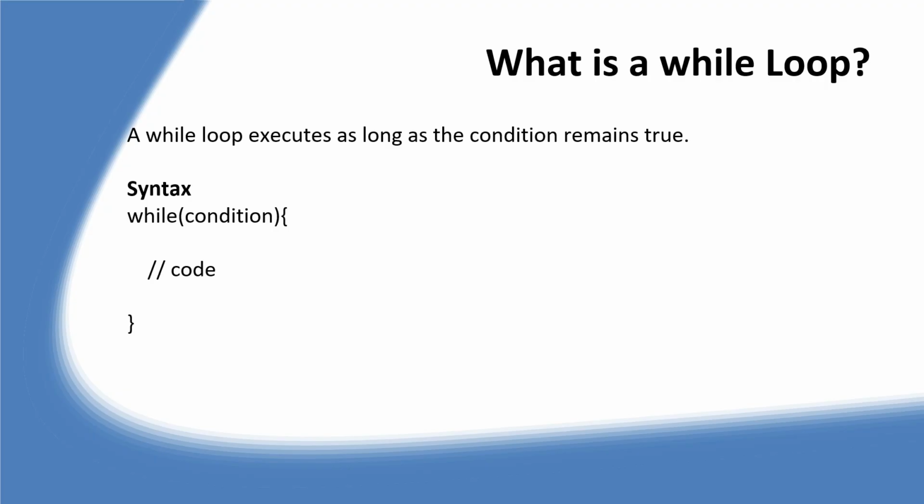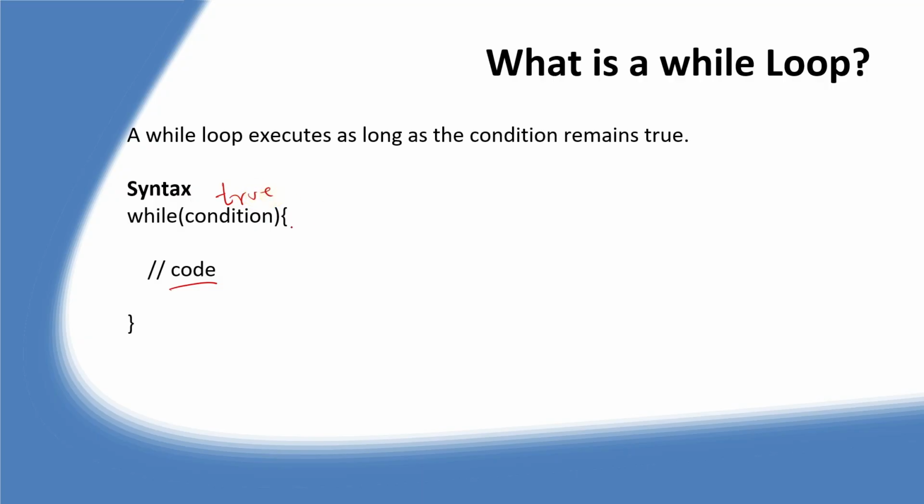So, what is a while loop? A while loop is used when we want to execute a block of code repeatedly as long as the condition remains true.